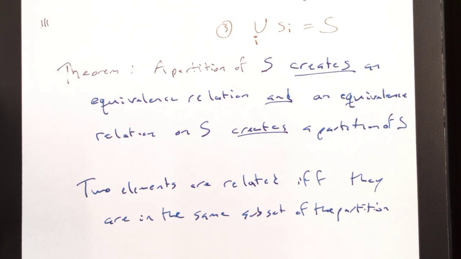I'm going to partition the integers a different way. Group 1 is the integers from minus 100 to 100 inclusive. Group 2 is from 101 to 1000 and from minus 101 to negative 1000. And then from 1001 off to infinity, and minus 1001 down to negative infinity, that's group 3.